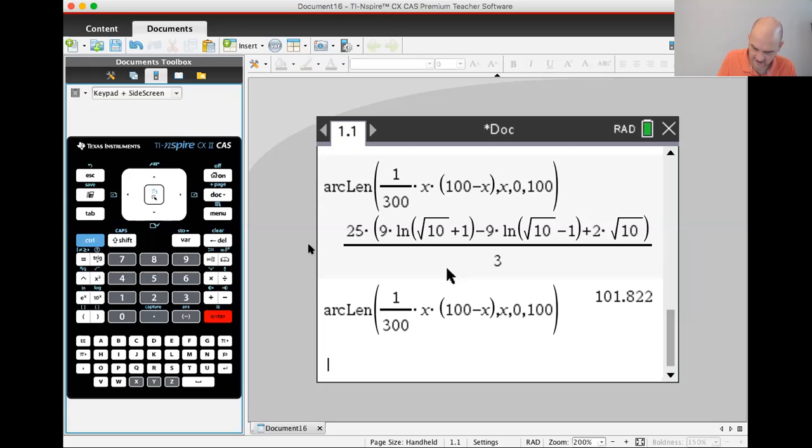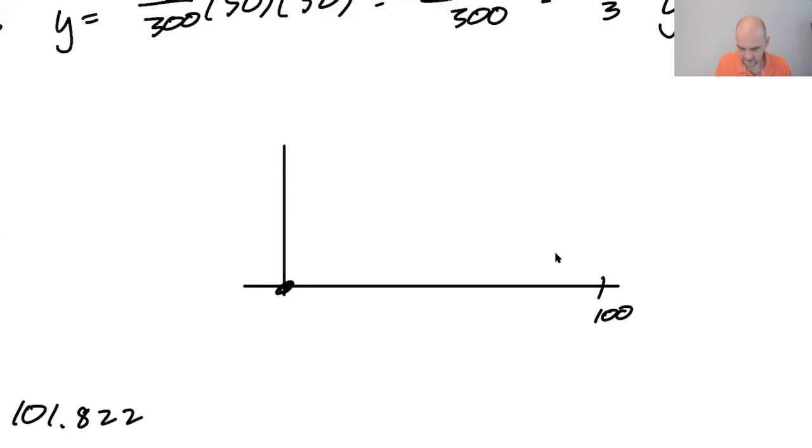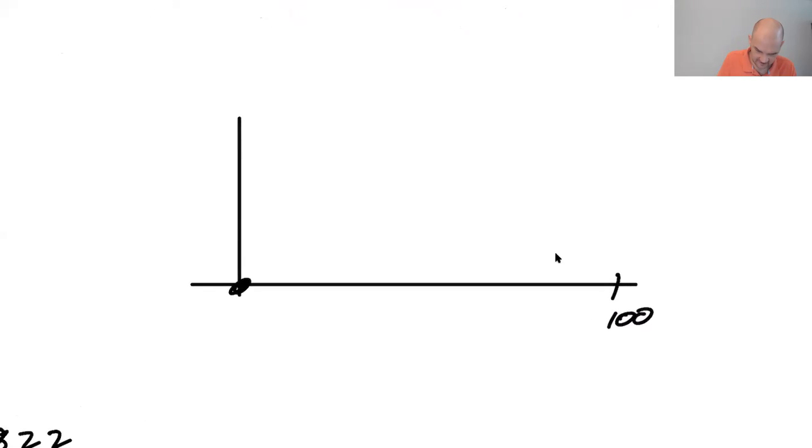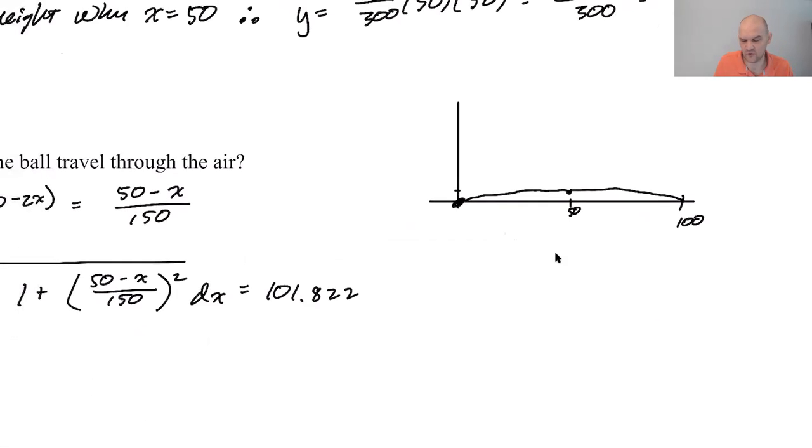The highest you ever get, if we draw it to scale, is like 8-ish. You're never going to get more than about 8. At 50, it's going to be like this. So basically the arc length is not significantly different from if you rolled the ball.